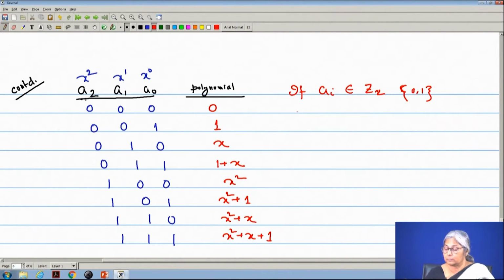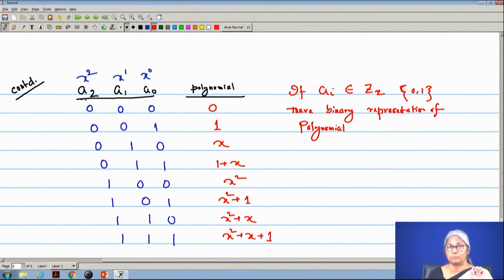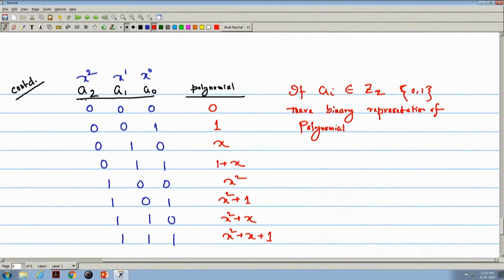If that particular polynomial term is there, then that coefficient ai value is 1. If that particular term is not there, then it is 0.